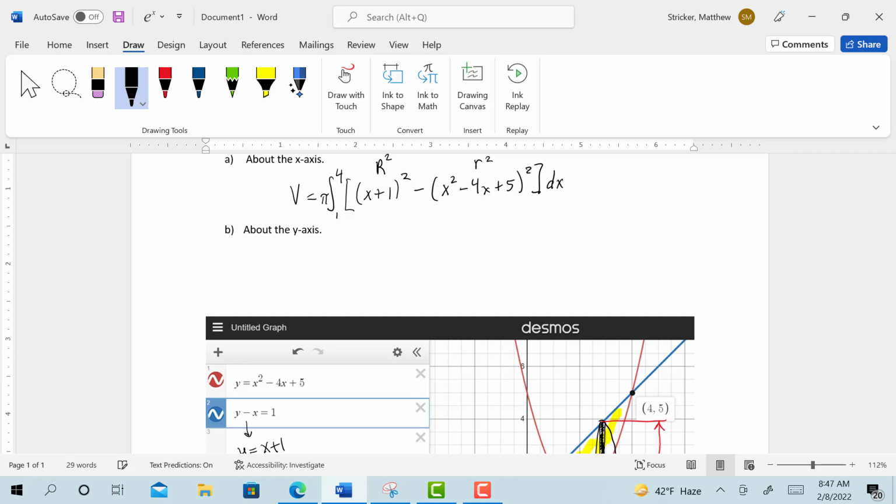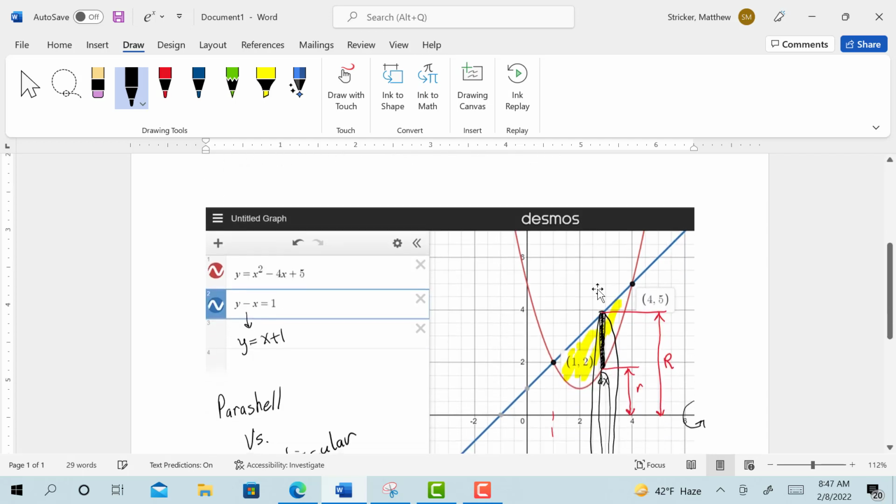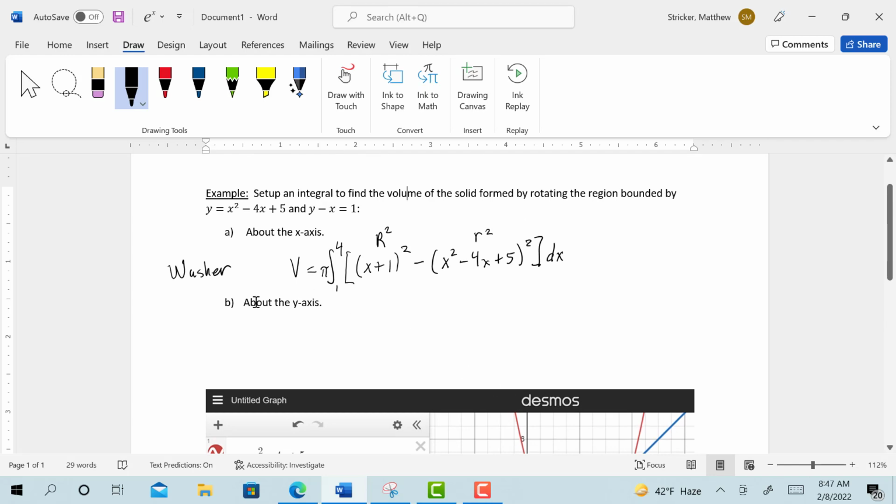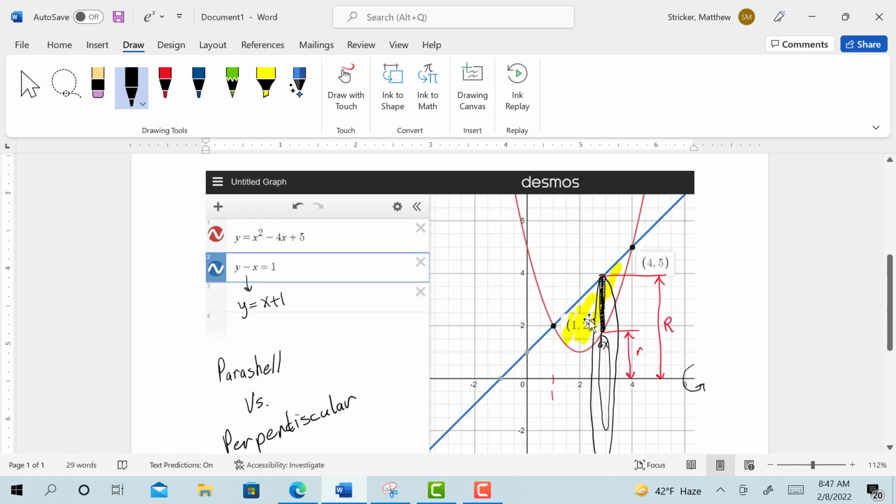It's the washer method because that representative rectangle is perpendicular to the axis of rotation. Now, if we were to rotate about the y-axis, that same representative rectangle is now parallel to the y-axis.